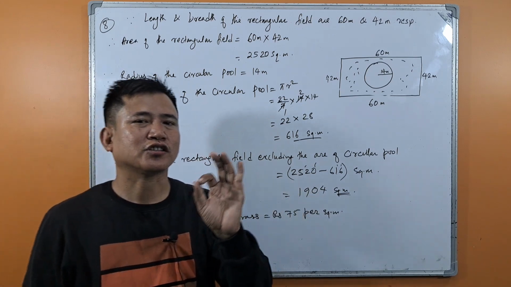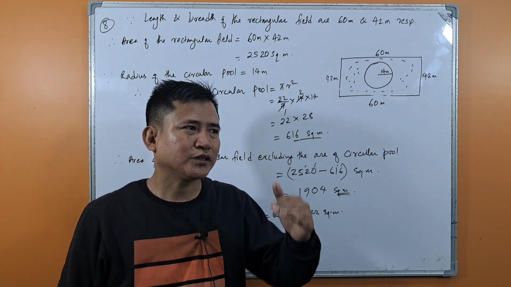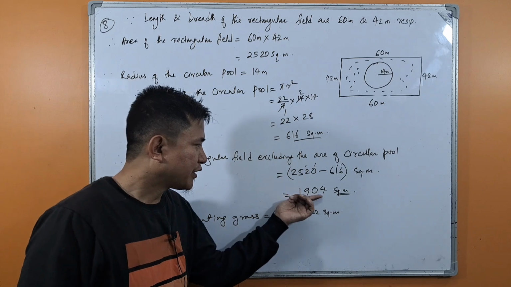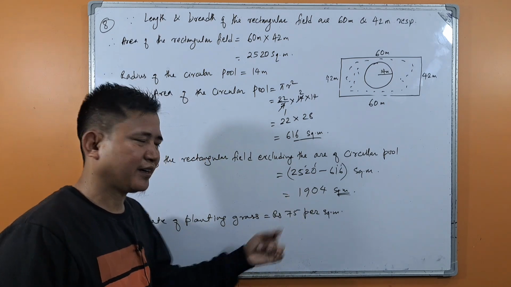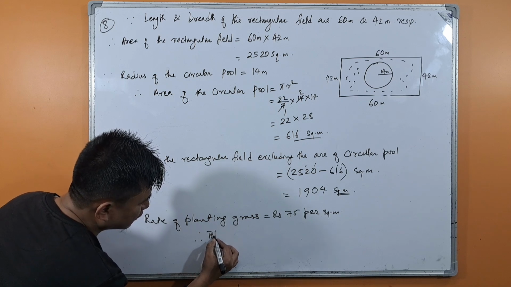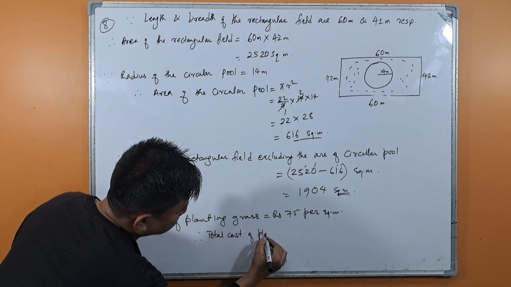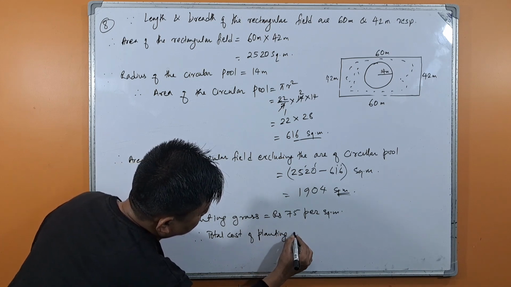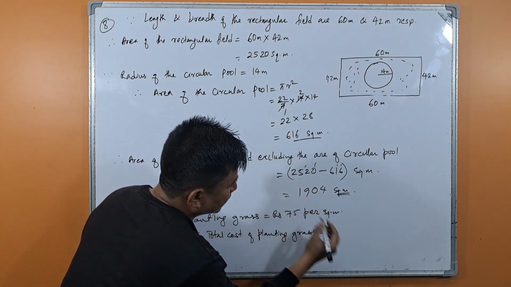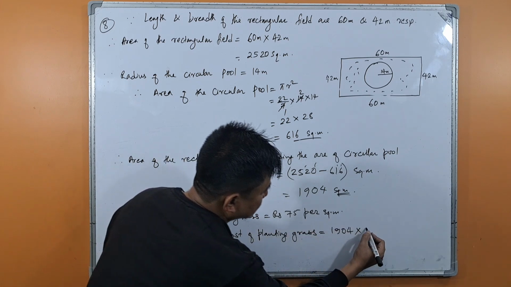Suppose if the cost of 1 apple is rupees 5, what will be the cost of 10 apples? We simply multiply the quantity with the rate, isn't it? So we multiply this quantity with the rate. Therefore total cost of planting grass equal to total area, that is 1904, that is quantity, into rate 75.